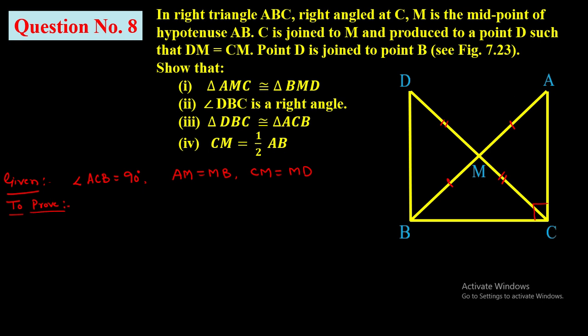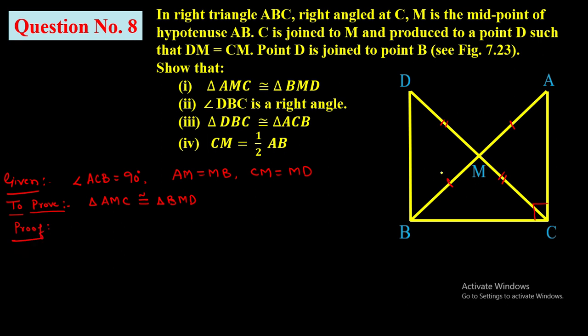Let's take these four parts one by one. In the first part we have to prove triangle AMC is congruent to triangle BMD. Now let's try to prove this first part.